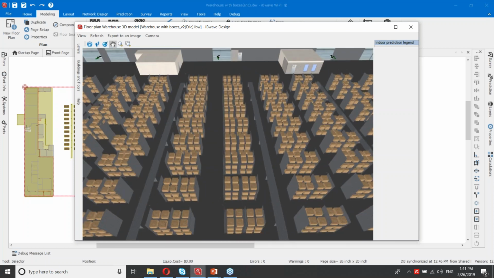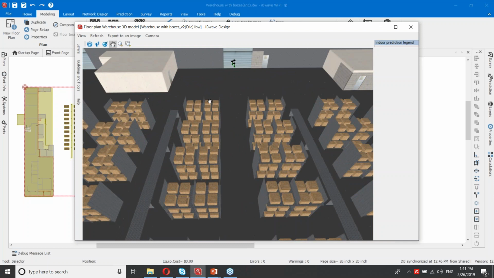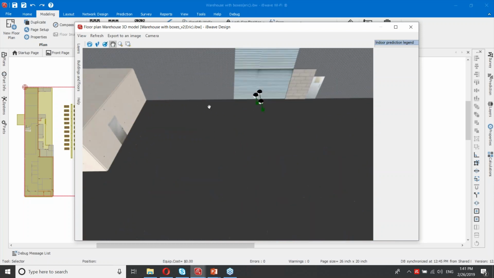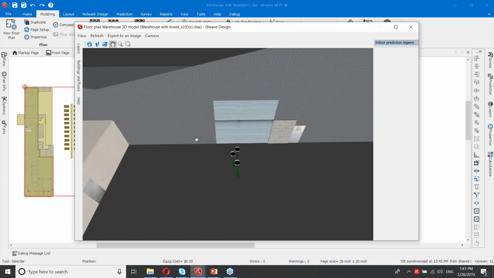And then you can view those antennas that I showed you earlier, how they look here. So basically you see two antennas, one for 2.4 and another one for 5 gigahertz.